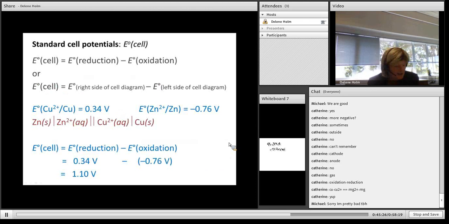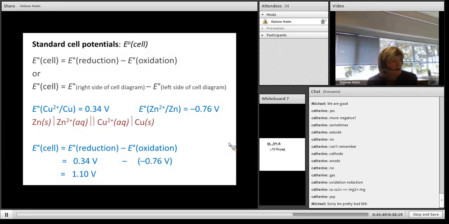Okay, in the final 15 minutes, I want to just go through the cell potentials, because I was talking about, remember the lithium battery, you wanted that big change in voltage to get a good battery. And so we can use the standard cell potentials to work out if a reaction is going to happen or not.